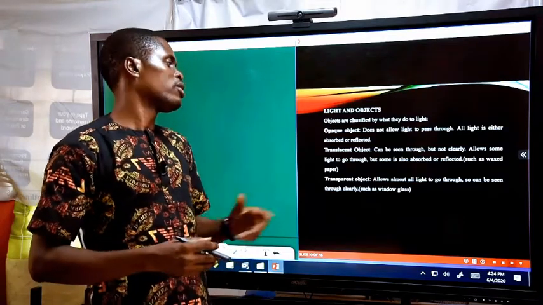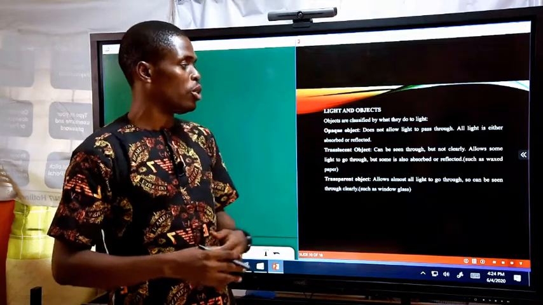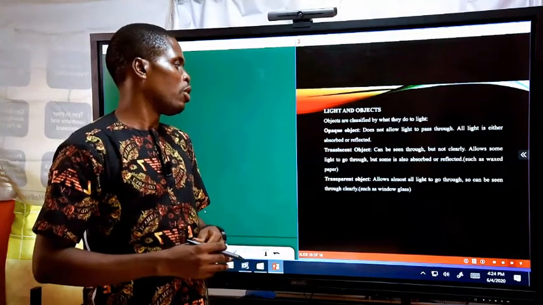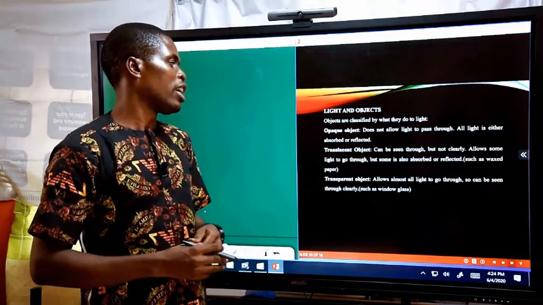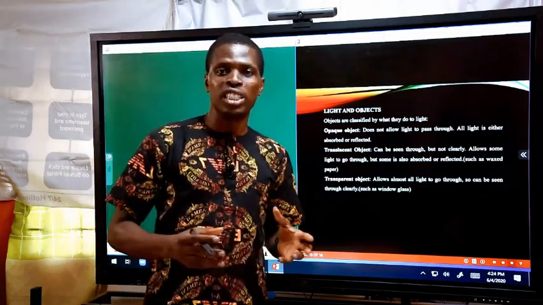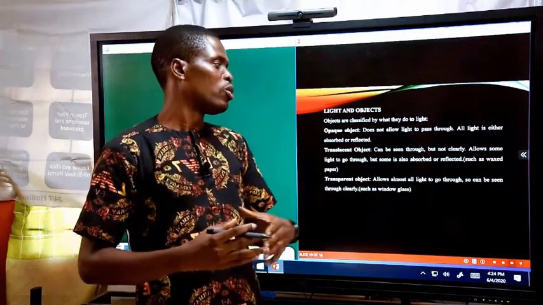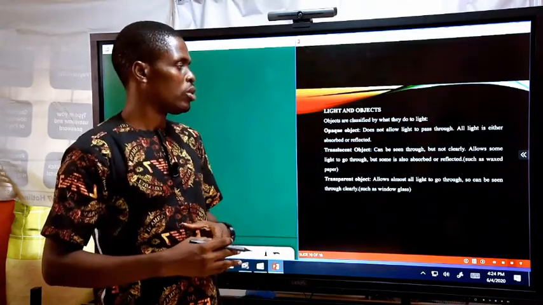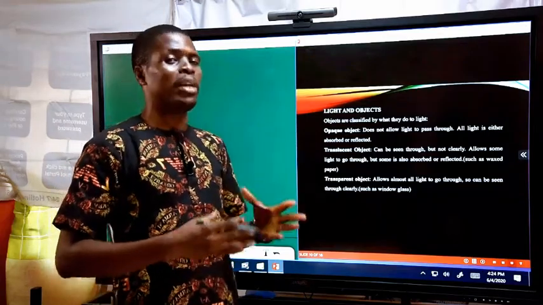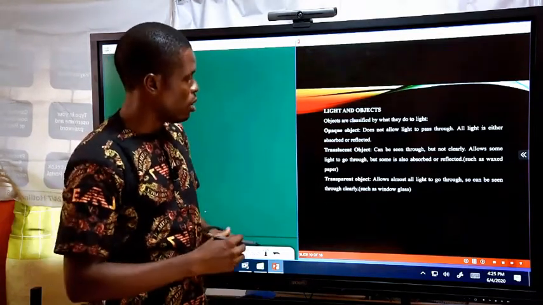We have translucent objects. These are objects that can be seen through but not clearly. Some of these objects allow light to pass through, like wax paper, some kinds of clothing, cotton clothes and all that. They are partially transparent. So that is a translucent object.